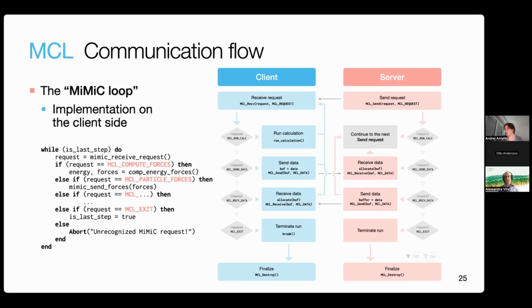So you can see here that in every step, the server issues a request, and the client then executes the request. And typically there are four types of those. You can run a calculation, you can send some data from client to server, and vice versa, receive some data. And then there's a special type of request, exit, to terminate the run.